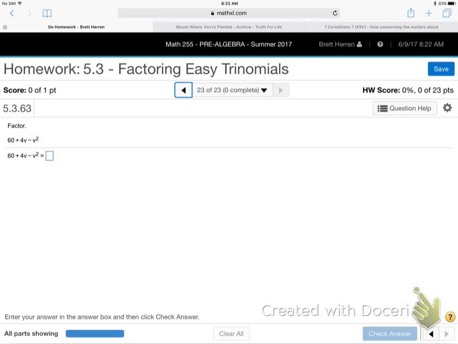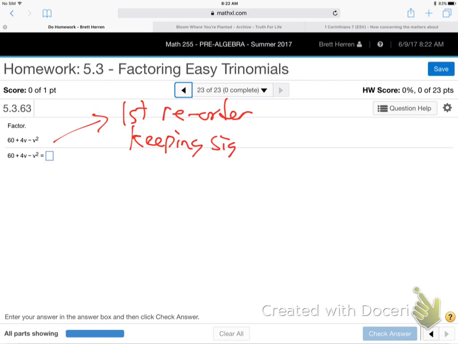But then you have a negative value. Exactly, that's the problem. So first reorder, keeping signs in front when items are moved.